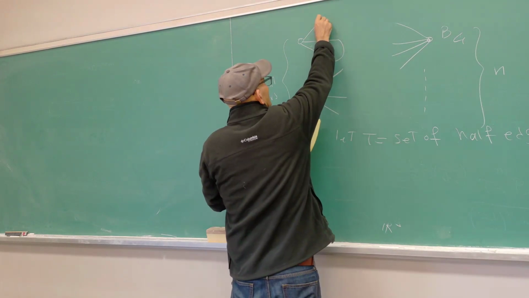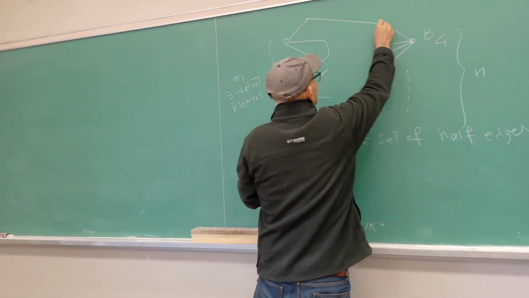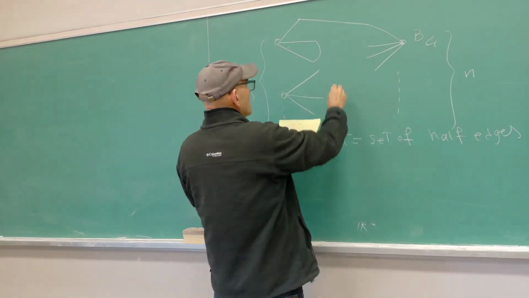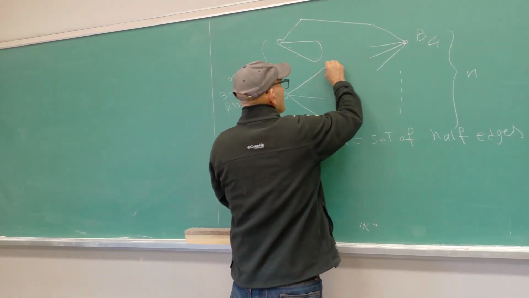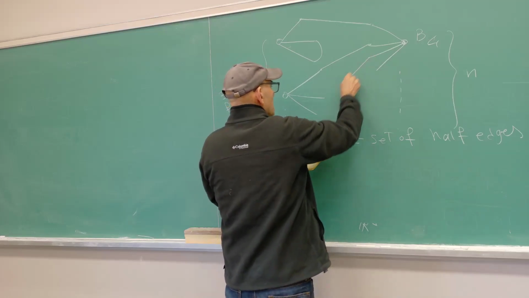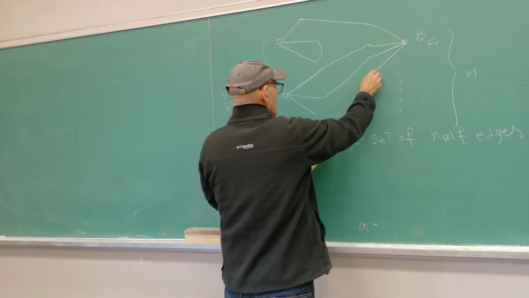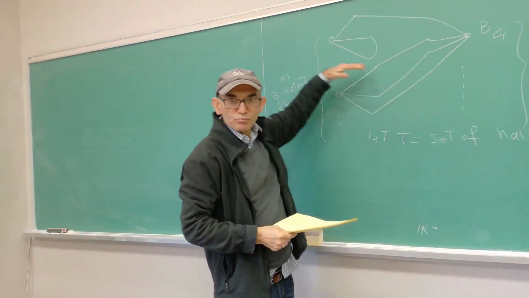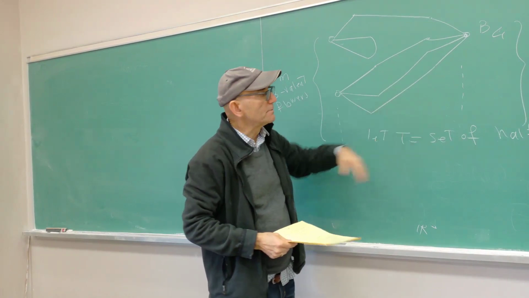You connect this half edge over here. You are allowed to do that. Let's connect this to that, and then this to this, and this to this, and you do that completely on both sides.